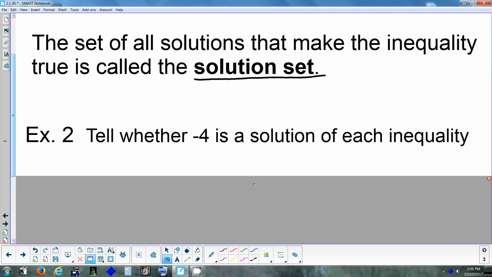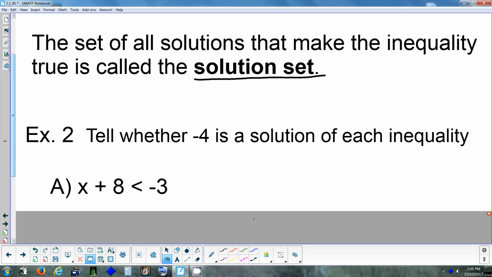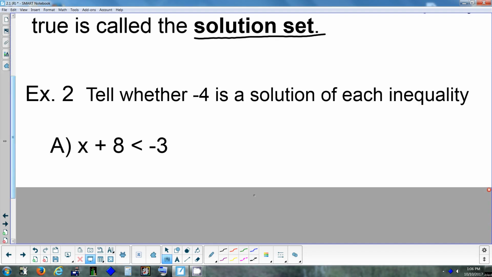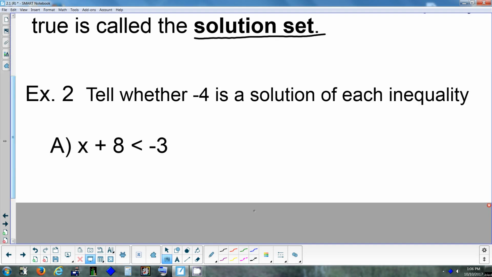Okay, so I'm going to give you a number, and I want to know if it is a solution. Let's start with -4. In the warm-up, we went over negatives plus negatives, negatives plus positives, and this is why. So what's your first step to see if -4 is a solution?